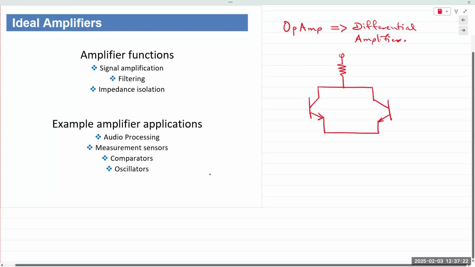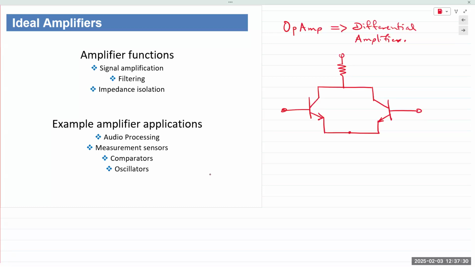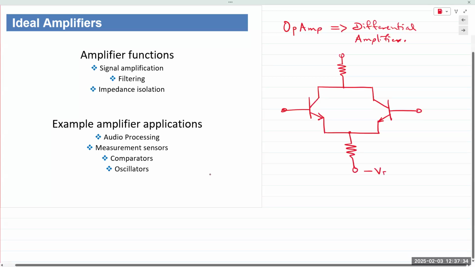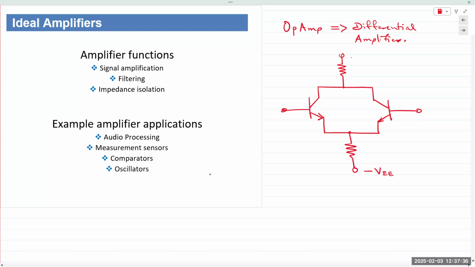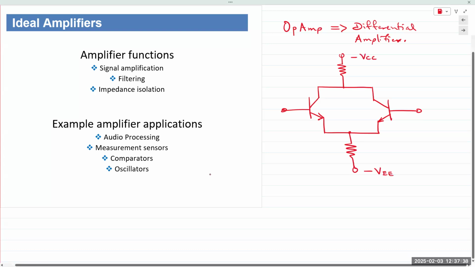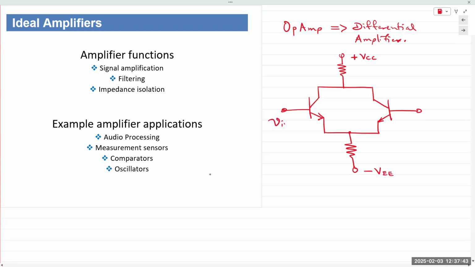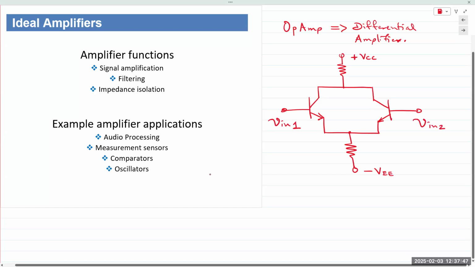This is not an actual circuit, but just an illustration of how you can have two inputs in an amplifier. You don't have to draw this out. This is again just for explanation purposes. So you'd have V in 1 and V in 2.